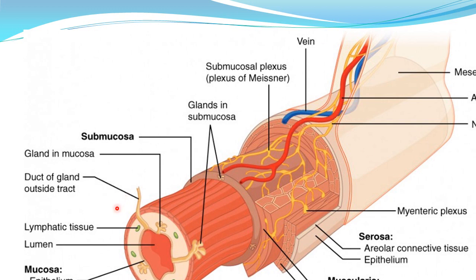The mucosa consists of the lumen of the tubular organ, epithelium, lamina propria, and muscularis mucosa. This is the mucosal gland, the submucosa and the submucosal gland, and the submucosal plexus or Meissner plexus.